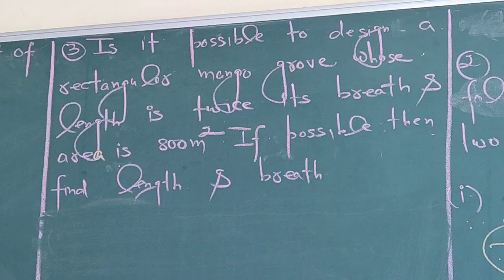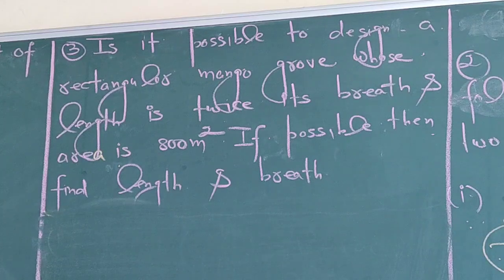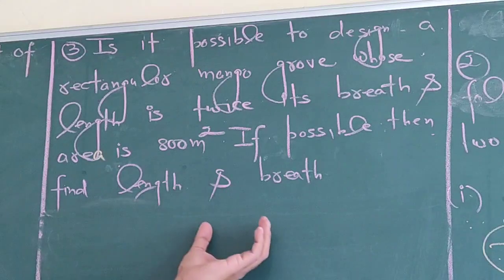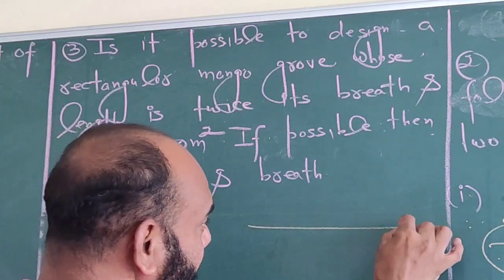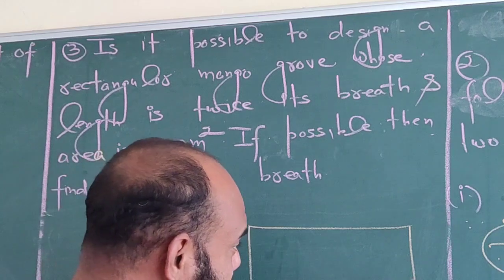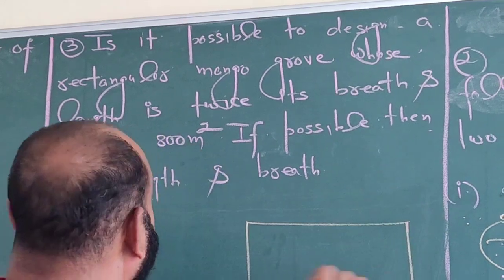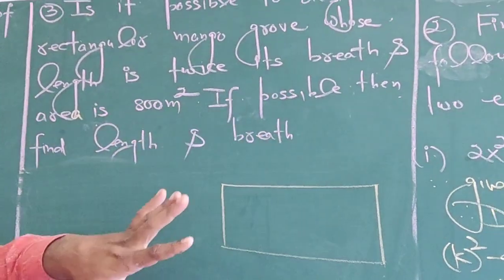In this question, it is given we make a rectangular grove whose length is twice its width and whose area is 800 meter square. And if we can make such a rectangular grove, then find its length and width. First of all, we make a rectangular mango grove like this, and it is given that its length is twice its width.